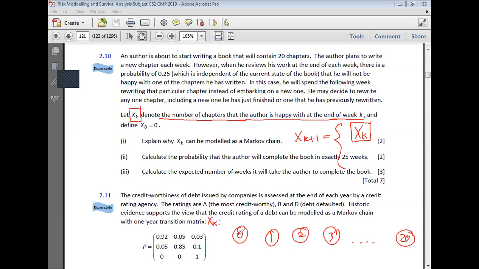Okay, so now if I'm at time 0 and I am at state 0, what is the chance that I will move to 1 in the next time period? Anyone? What is the chance that I will move to 1 in the first week? 0.75. Exactly right.